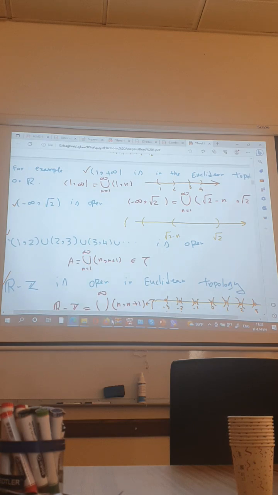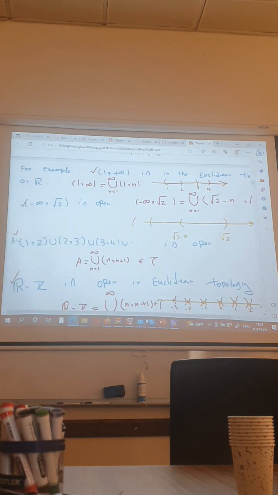This is an open set. This is a member of our topology because all of these are intervals, okay? So this union must belong to our topology. It's open. The union of these intervals must belong to tau.